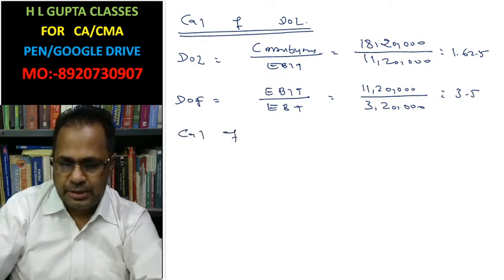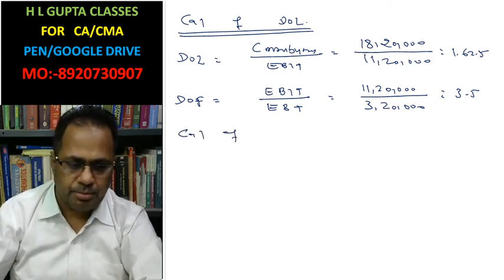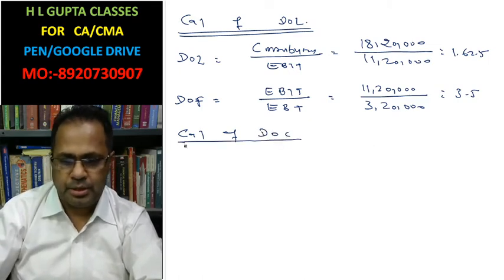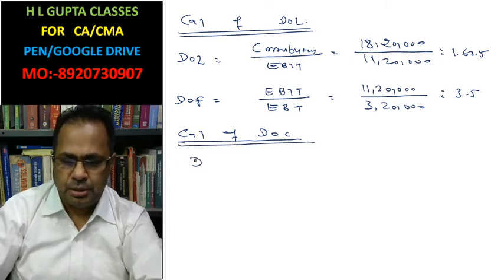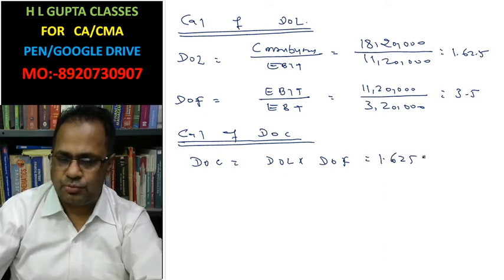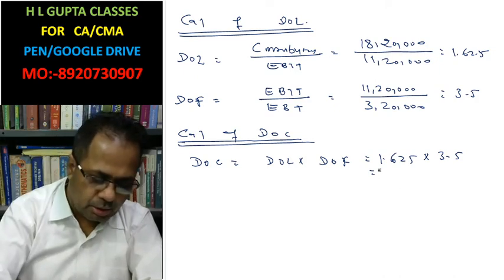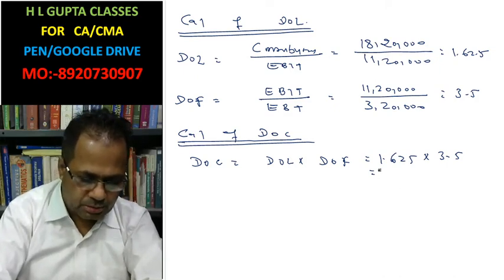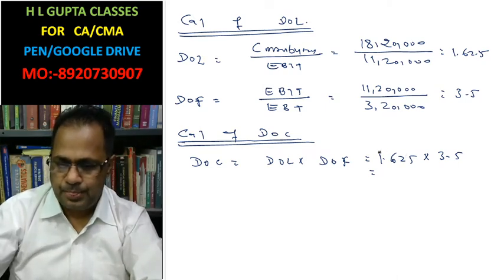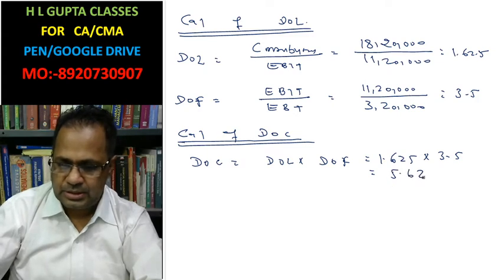Calculation of degree of combined leverage. How is it calculated? Degree of combined leverage equals degree of operating leverage into degree of financial leverage. This is 1.625 into 3.5, which is 5.6875.